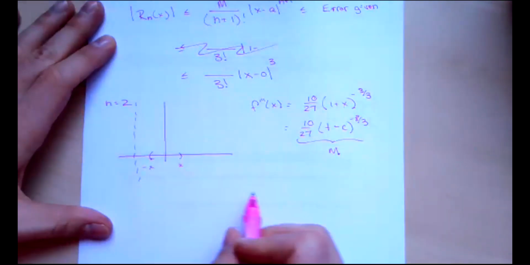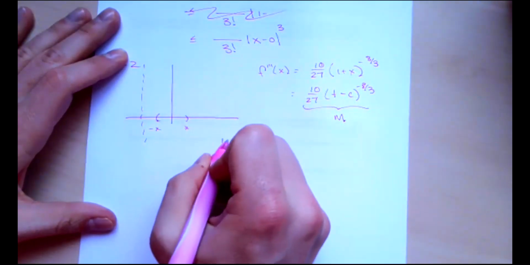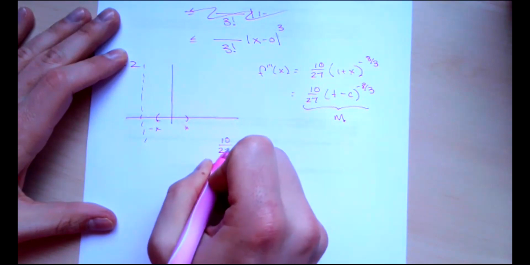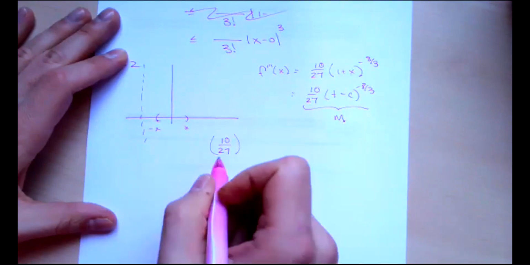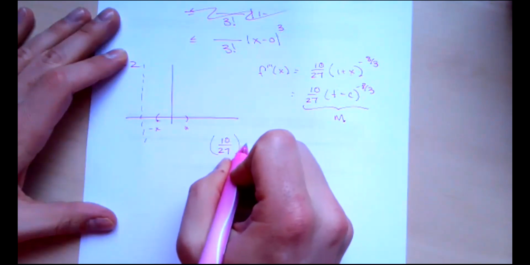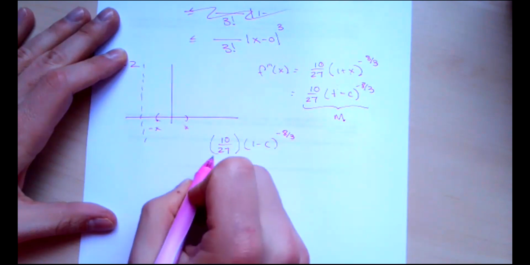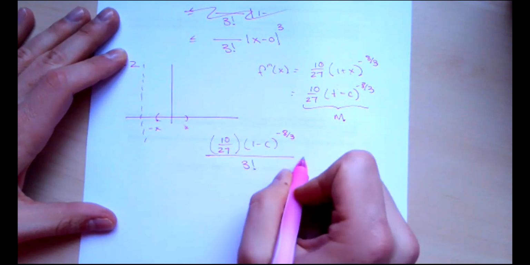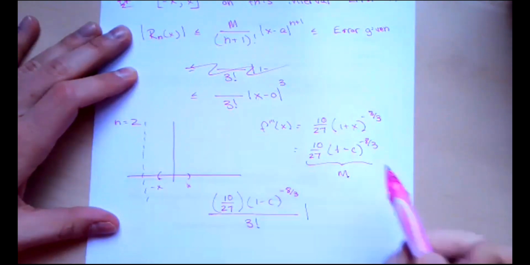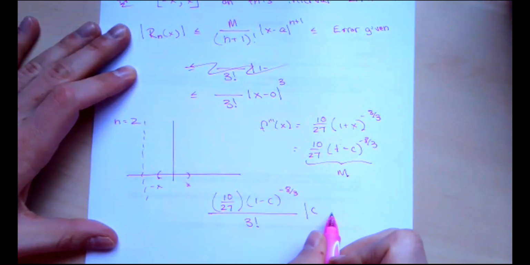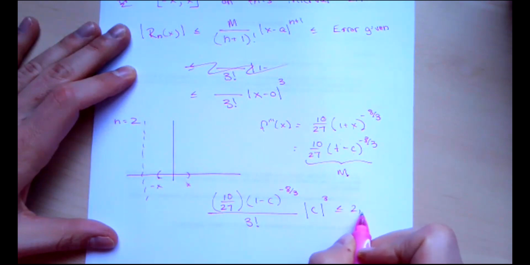We run into some difficulty here because our m is based on how big x is. So I changed my x's to c's, so that'll be a c cubed. And now I have to solve this equation.